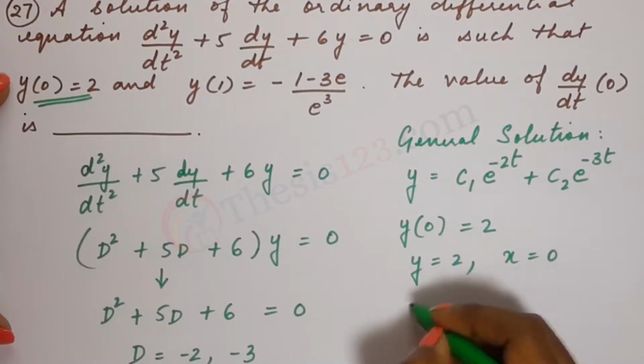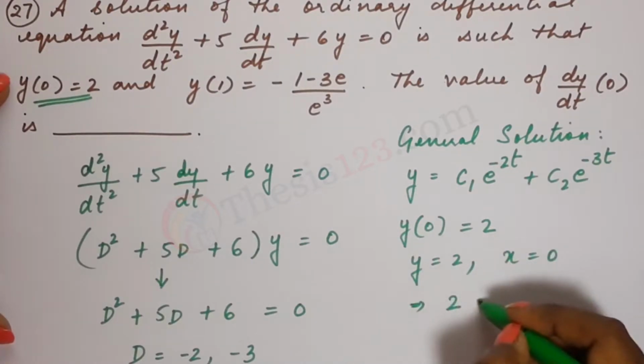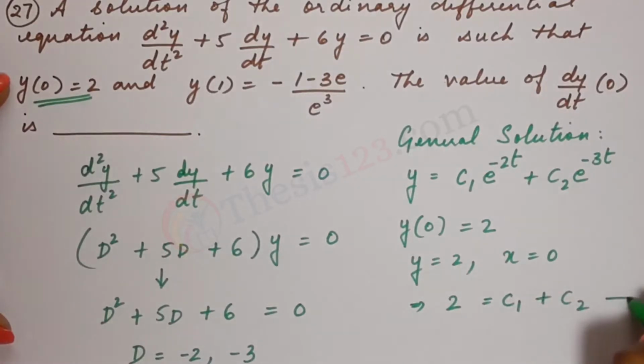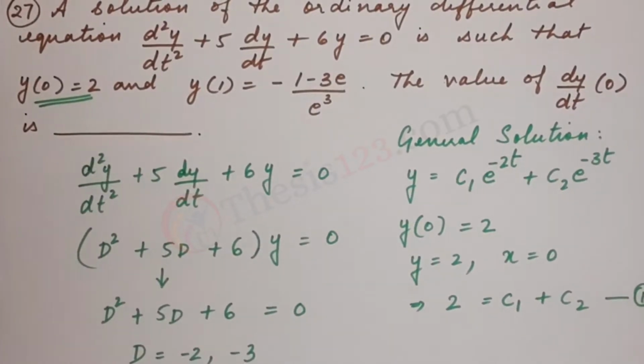So the first equation we get is 2 = c1 + c2. Let's call this equation 1. Then we can use the second initial condition to find the second equation, since we are supposed to find the values of c1 and c2.